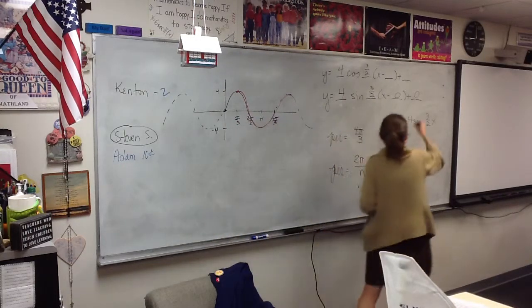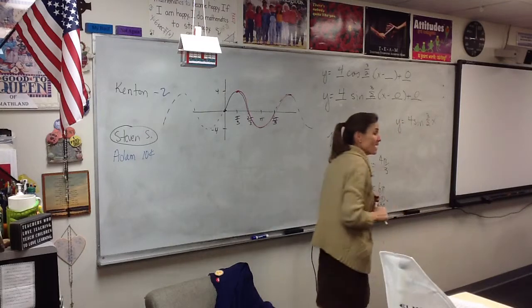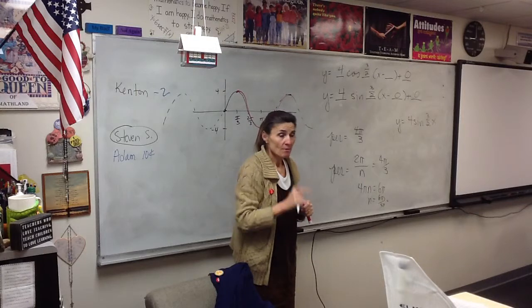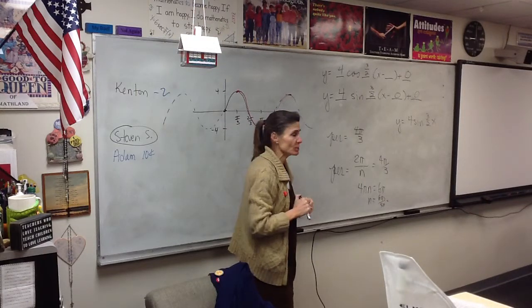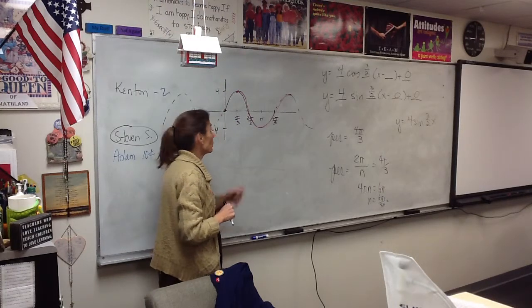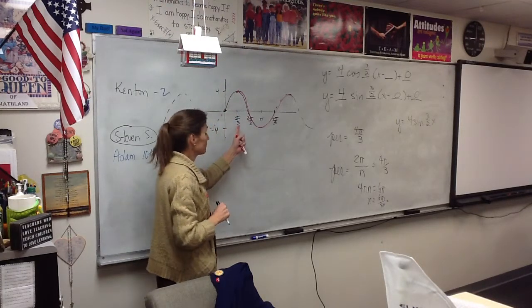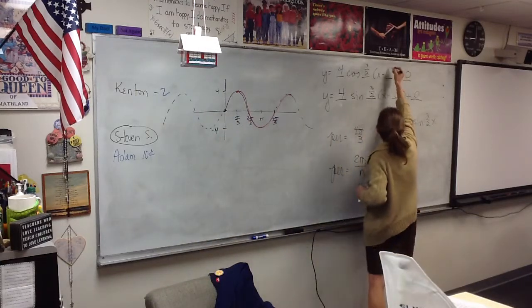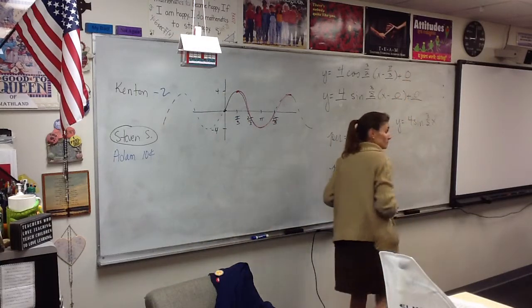No, so that's still a 0. Those numbers are all going to match. The shape of the curve hasn't changed. The only thing that's changed is, instead of starting at 0, where does the red curve start? Pi over 3. So this would have to be x minus pi over 3.